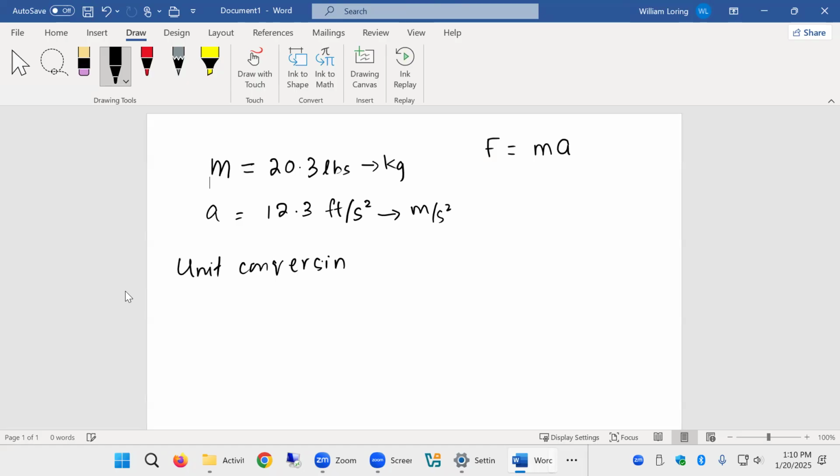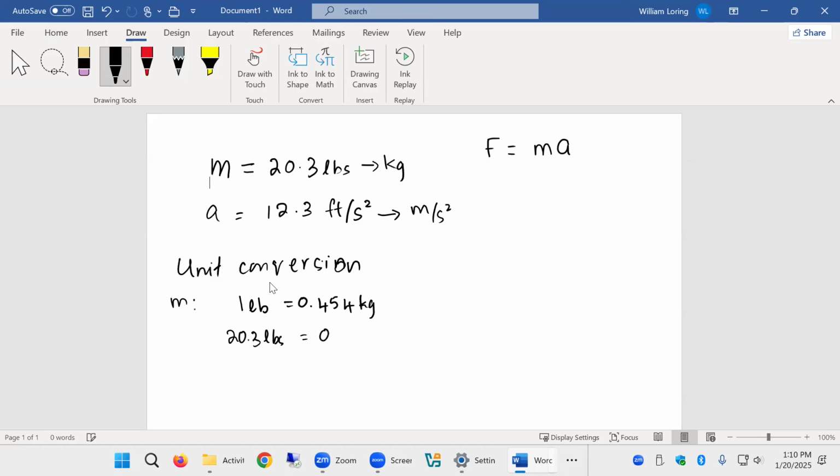For mass, in that same document I have given the unit conversions as well. We know 1 pound is equal to 0.454 kilograms. Then how do I calculate 20.3 pounds?